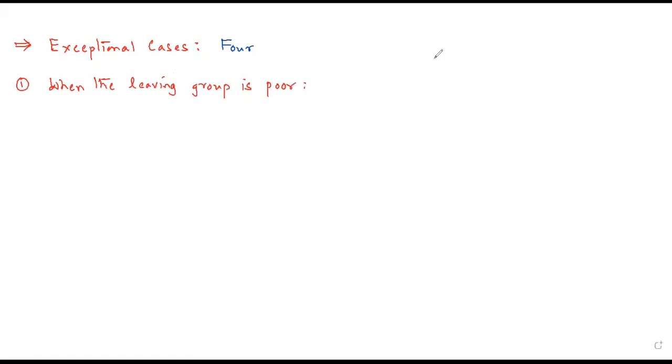You know what a poor leaving group is? Fluoride. In fact, fluorine among the halogens is a poor leaving group. Told you earlier.